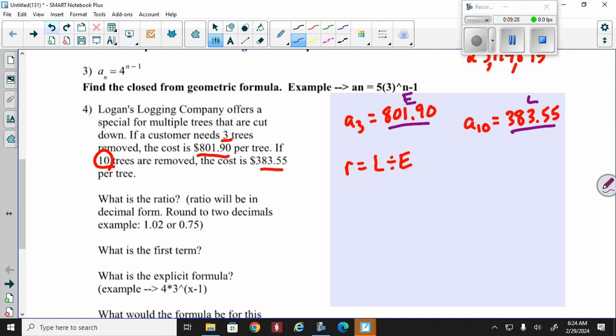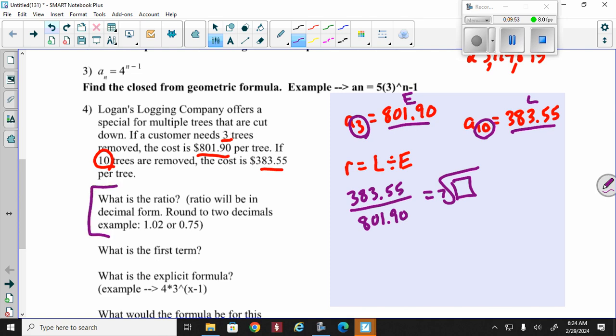So we're going to do 383.55 divided by 801.90. I'm going to get a number, and then I'm going to take the 7th root, because that's the 3rd, that's the 10th. This question is just like question number 2. And I said you're going to get a decimal, so be prepared.